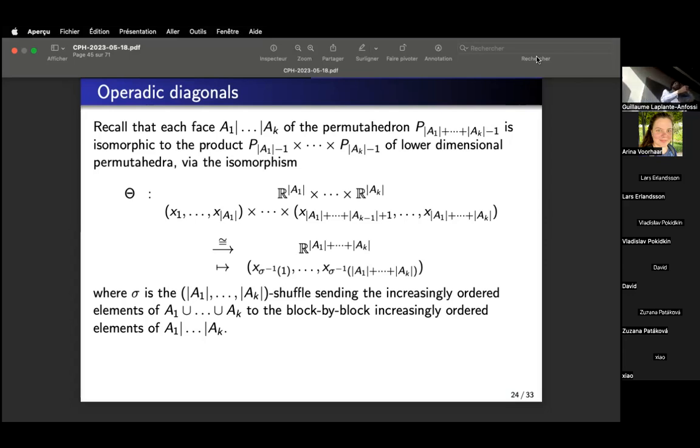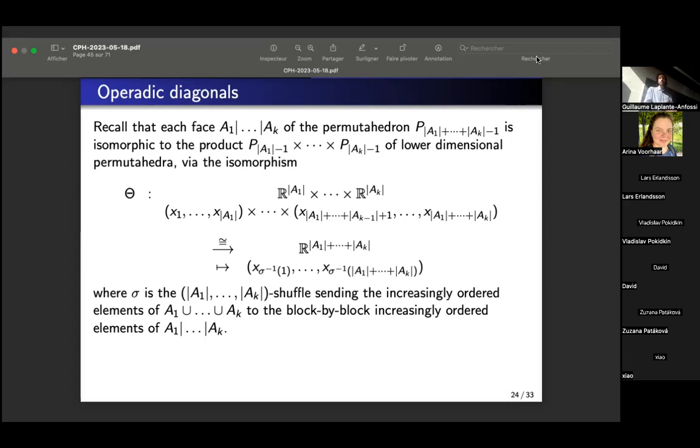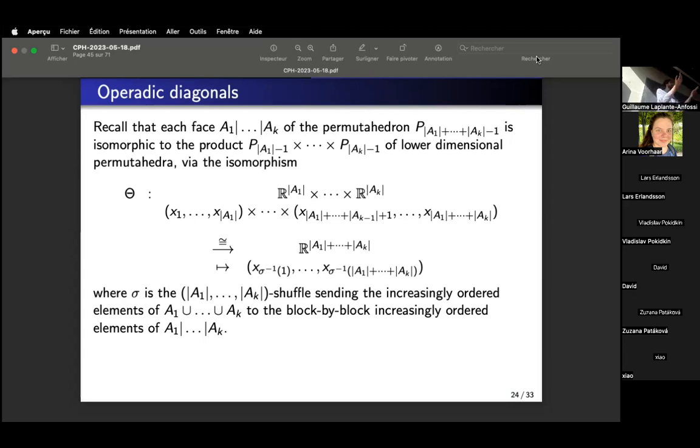So basically, faces of the permutahedron are in bijection with ordered set partitions, where each block in a set partition corresponds to a lower dimensional permutahedron. So here I've written the isomorphism. It looks a little bit complicated, but it's really not. It's just that you take the shuffle permutation that puts back in order the coordinates so that this isomorphism works.